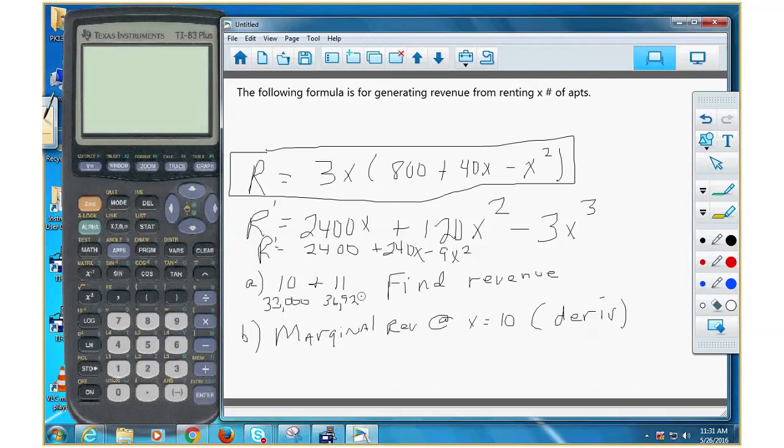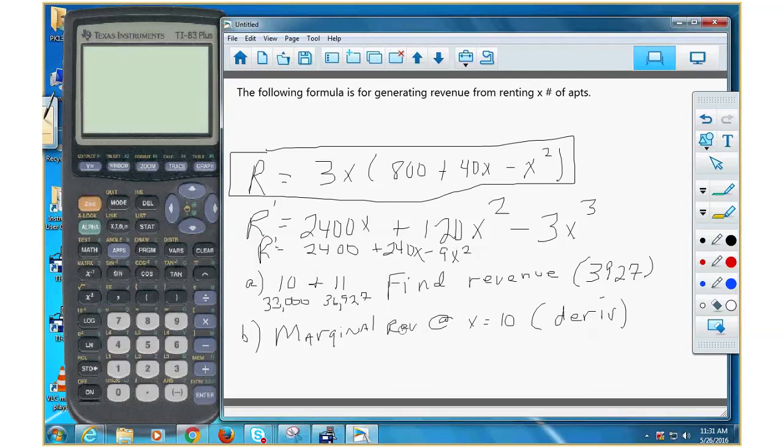Tell me what the difference is. 39.27. Okay, that's basically the difference. In other words, if you were to take the slope, you'd pretty much get 39.27. Something to that effect.